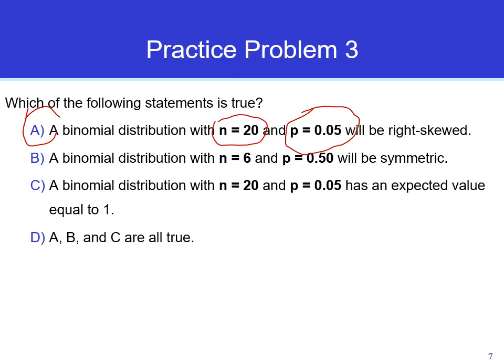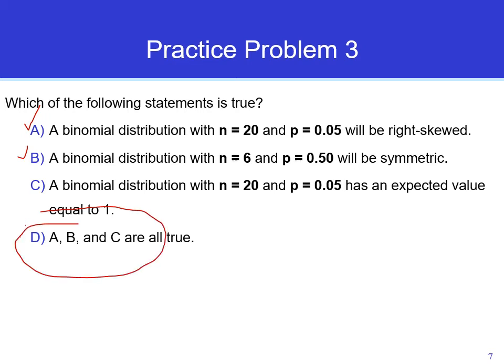A binomial distribution with n equal to 6 and p equal to 50% will be symmetric. When p is 50%, you're going to have a symmetric shape no matter what n is. So B is also correct. A is correct, B is correct, so that means that D must be correct, right?